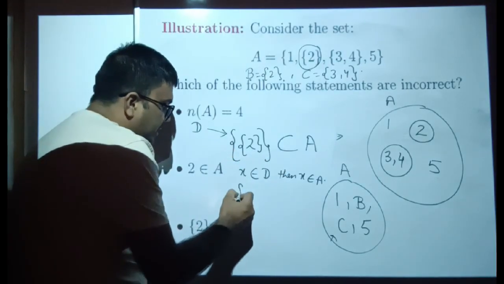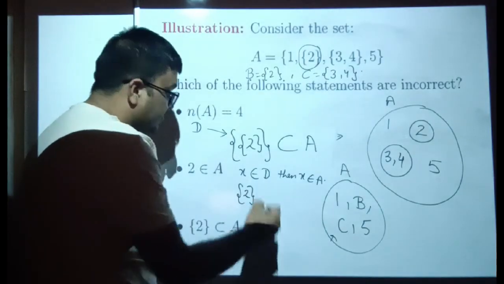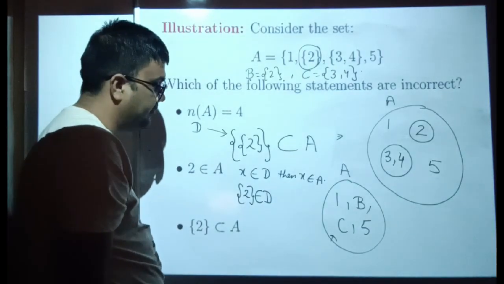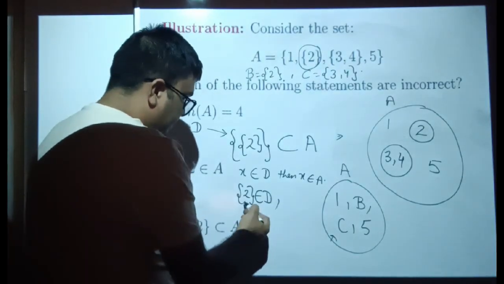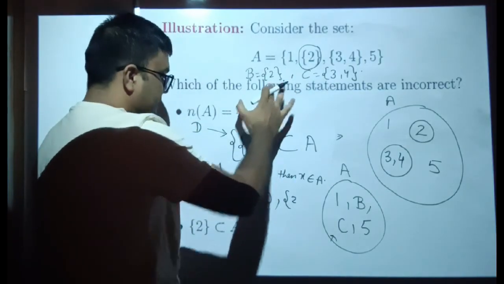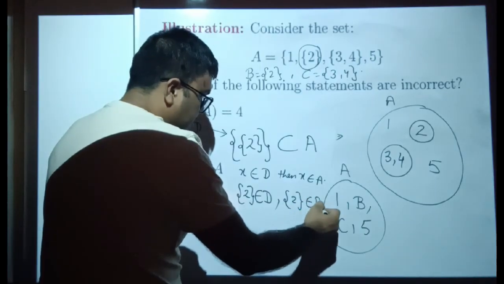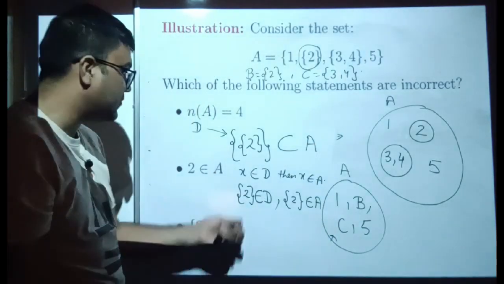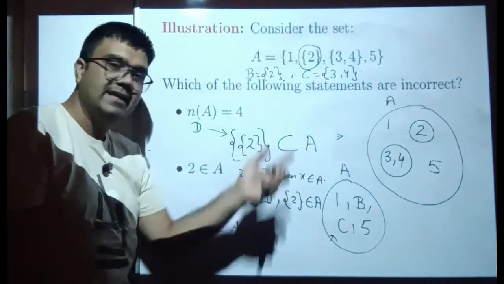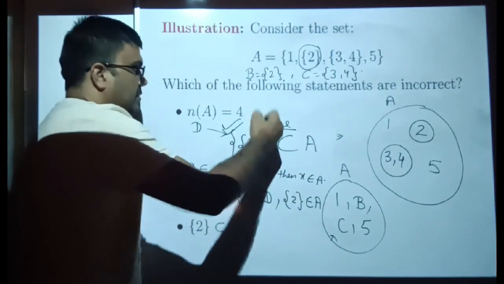The element in this set D is the set having the element 2 and that belongs to D. And this element 2, we are writing this is basically B. So we are saying 2 also belongs to A. It means for every element of this set D, it is present in the set A. So this statement is true.